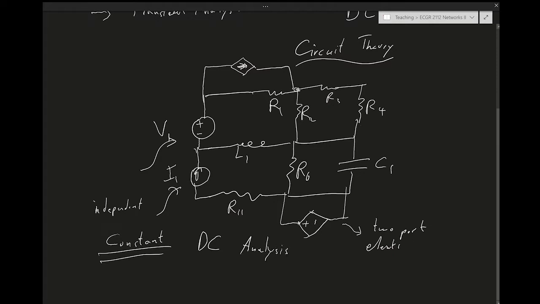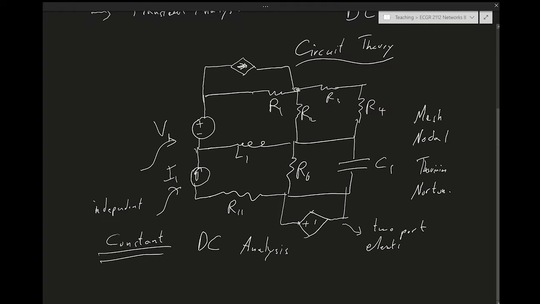And DC analysis in many ways is simpler than AC analysis. It is still a bit involved because you have to do all the techniques that you learned of mesh analysis, nodal analysis, and some other techniques such as voltage divider, current divider, Thevenin equivalent circuits, Norton equivalent circuits.